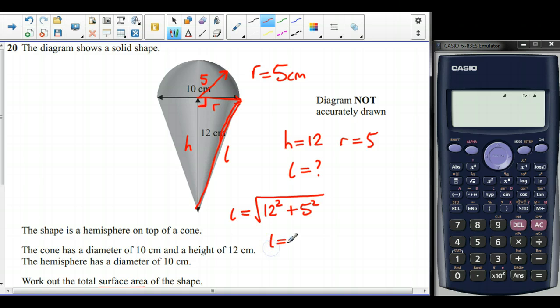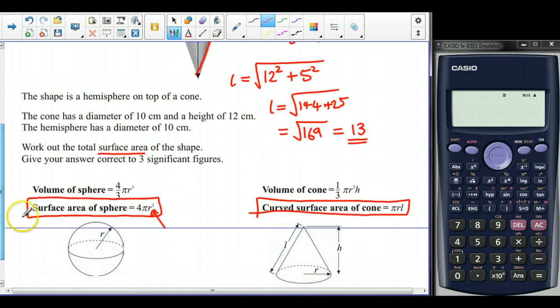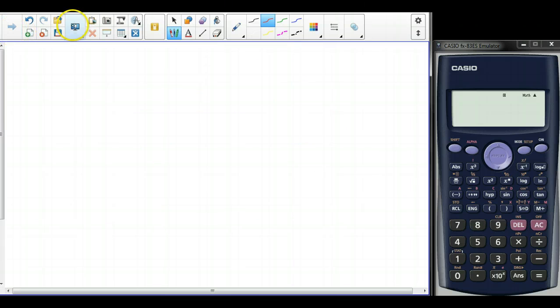So that means that L is the square root of 144 plus 25, and that's the square root of 169, which is 13. So L is 13, and now we can start to use these two formulae.